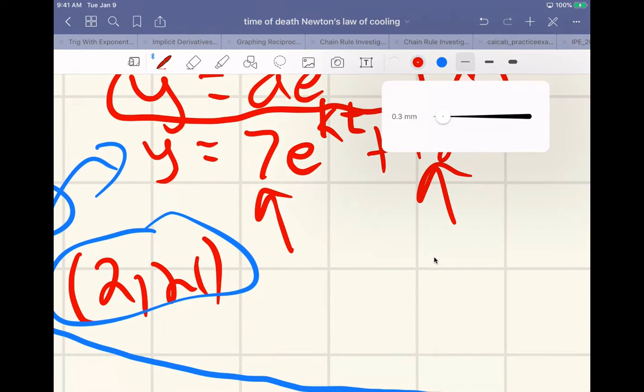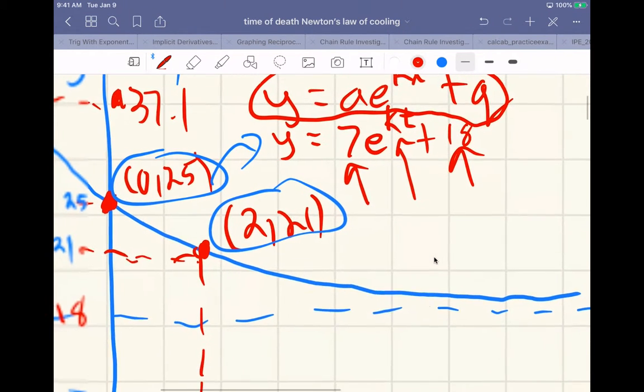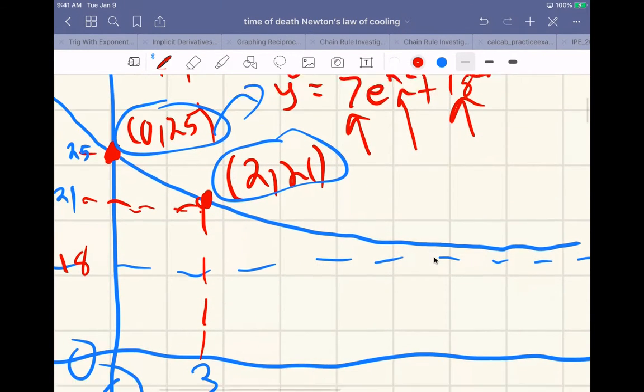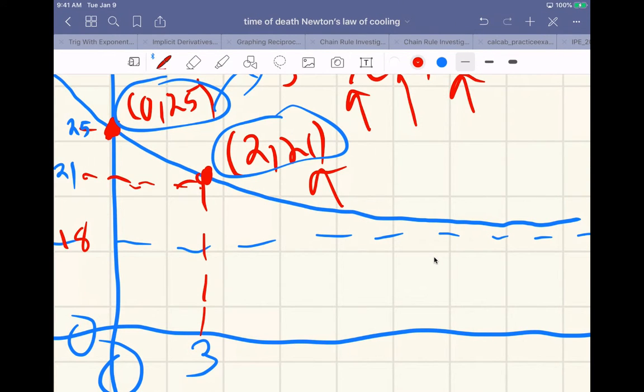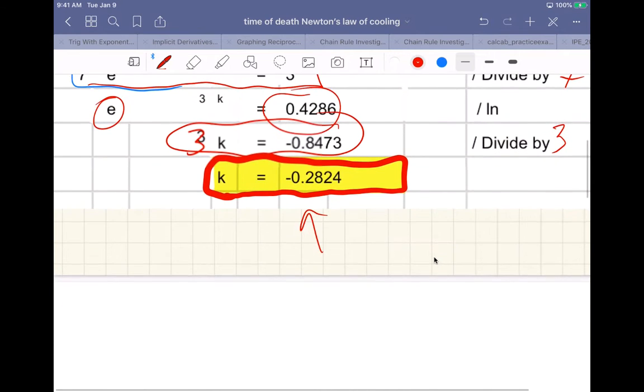So after that, really, we've got both K and T as unknowns, right? And so before we can figure out when the crime occurred, we have to figure out that rate constant. And we do that by substituting in this ordered pair of 2 and 21. So that allows me in this step here to get the rate constant.